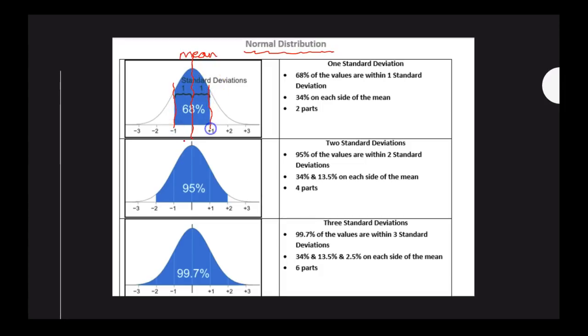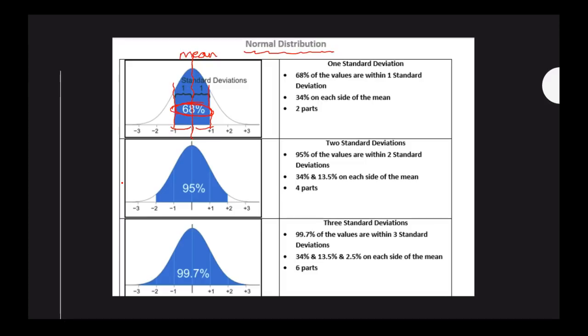So one standard deviation away from the mean, either direction, going -1 or +1, will always include 68% of the data. That standard deviation could be any number. It could be 10, it could be 100, it could be 2. But one standard deviation away from the mean includes 68% of the data always.